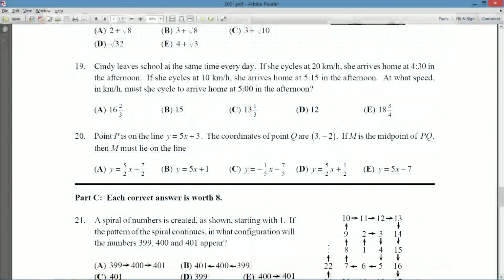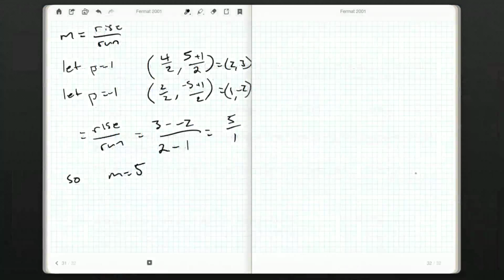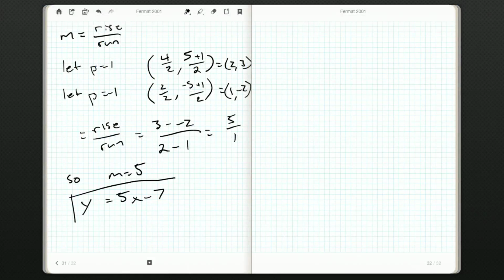And let's just double check. Well, if we'd done our slope first, we would have narrowed it down to B and E. But now we know for certain that y equals 5x minus 7 is the equation we want completely. So 5x minus 7, that is the equation we want, and that is E.